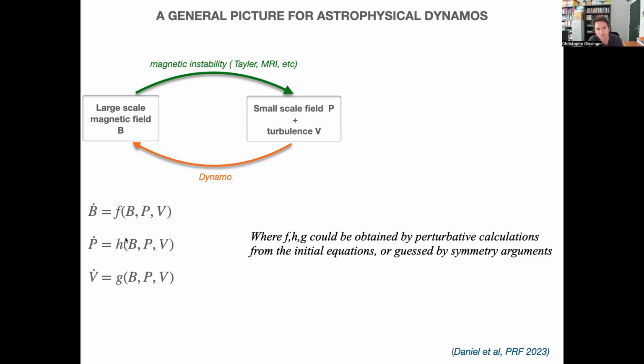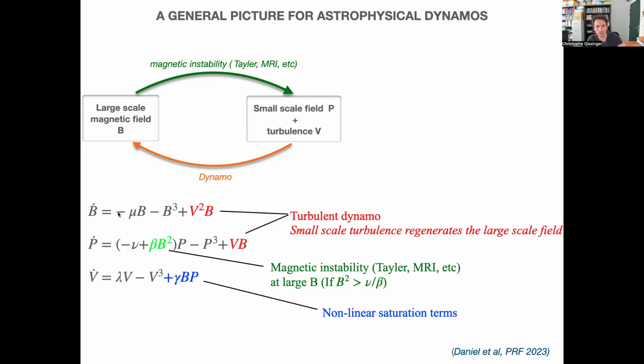But you don't have to do that because when you identify the relevant mode in your system and when you know the symmetry of the equation you're trying to solve, most of the terms can be guessed by symmetry arguments. So what you do in general is do a Taylor expansion of these amplitudes. And there is a bunch of terms.